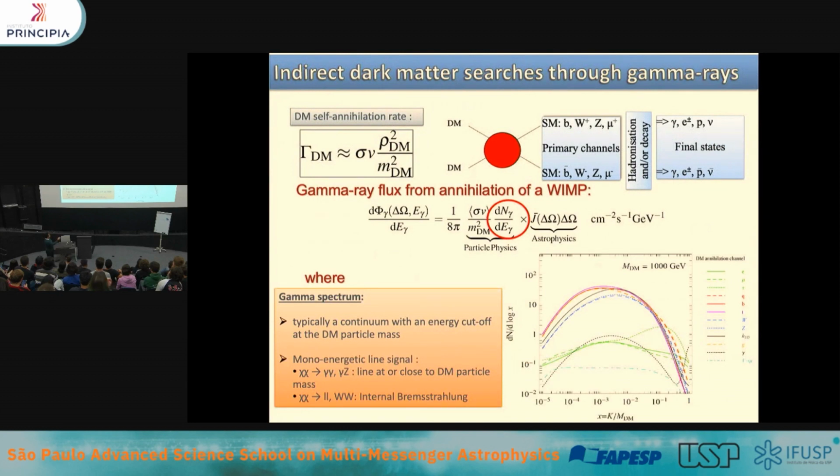If you detect a flux that has a very sharp cutoff at the TeV range, or a line, that's a smoking gun for a massive particle that is decaying or annihilating. There's no other physical mechanism that can produce a line at TeV.